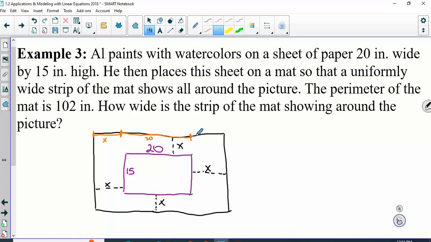And then how far is it from here to here? X. So all together, how long is this? 2x plus 20. So for the side, how far is it from here to here? X. And then from here to here, 15. And then from here to here, X. So all together, that would be 2x plus 15.